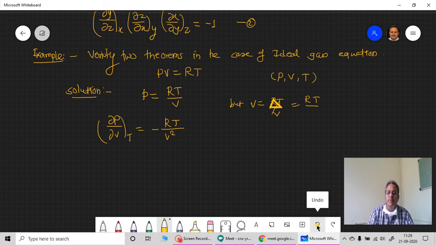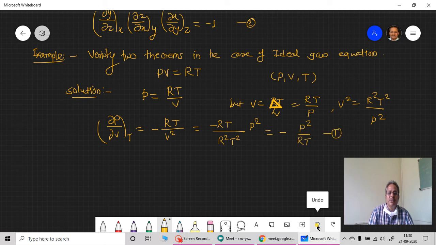RT upon V is equal to RT upon P, so V square is R square T square upon P square. So this gives you minus RT upon R square T square, and this P square will come in the numerator. One of this RT can be cancelled, so I get minus P square upon RT. This is my equation 1.